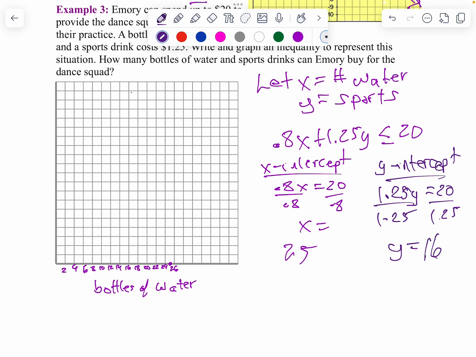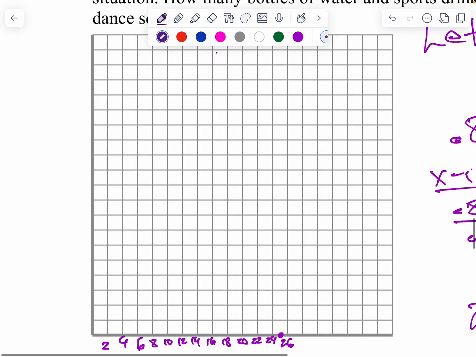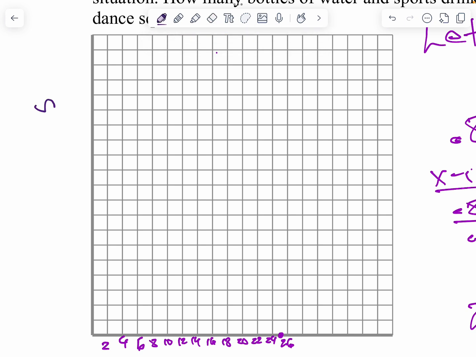In that one, I can just put in, these are sports drinks, aren't they? And then I started writing bottles of water. So I can put in my sports drinks, and I can count by ones on this one because my graph goes up to 20.